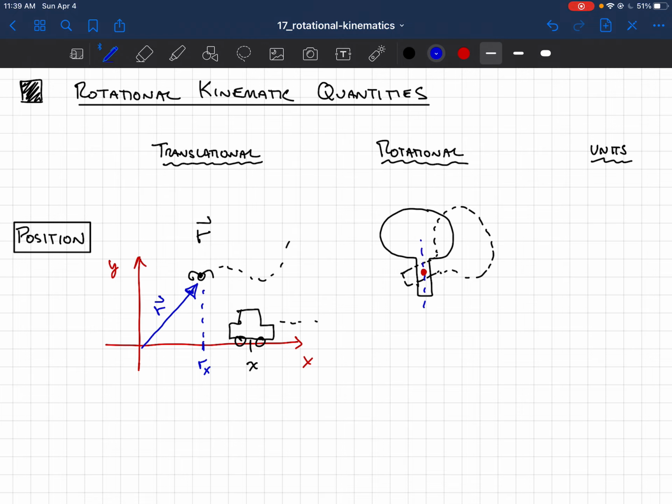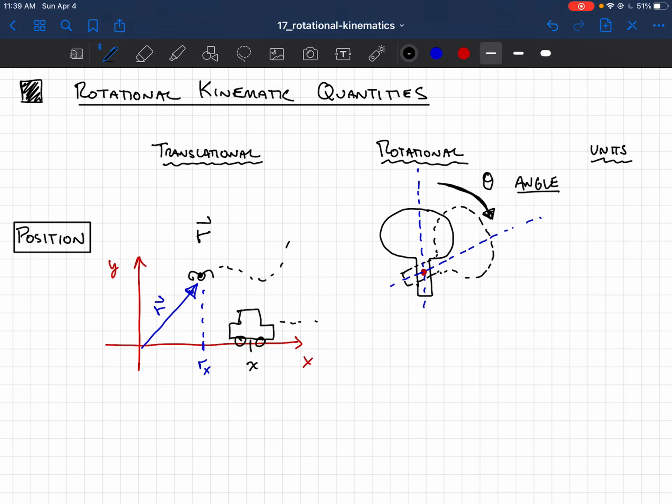Well, the way that I describe its rotational position is by drawing a line here and showing myself the rotational distance that it has traveled, which is, of course, the angle.